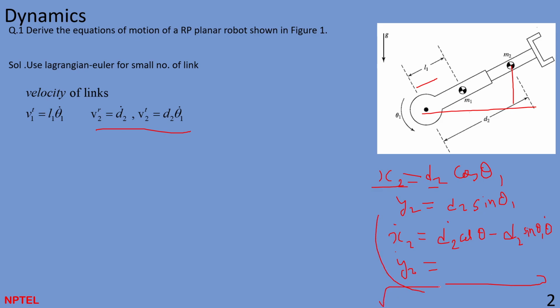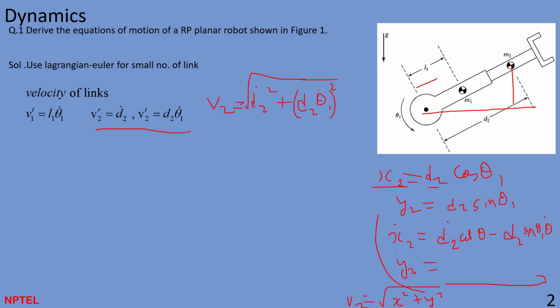When you do this, you just need to square and take a root to get the resultant velocity. This will be v2, and you will get d2 dot square plus d2 square theta one dot square. This is what you will get when you do the simplification.